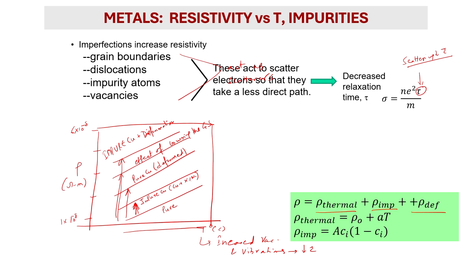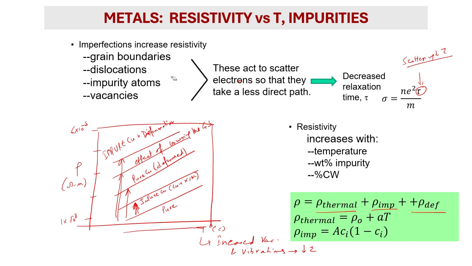So, basically we can say the resistivity increases with temperature, increases with the impurity concentration, and increases with percentage cold work, or you can say percentage deformation. And basically we can say that the temperature dependence may be related to both defects, that is vacancy, plus vibrations, both the factors taken together.